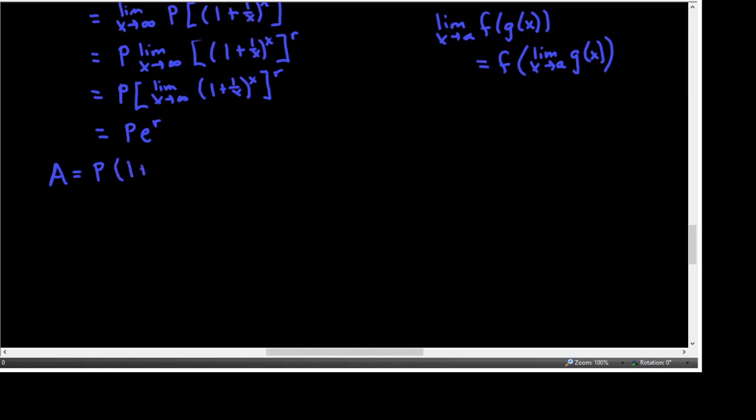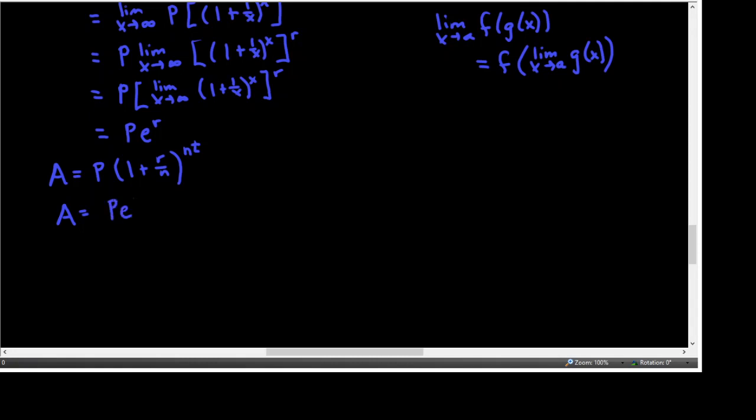This looks just like what we had before, but the exponent is n times t. Of course, if it's 1 year, t would be 1, and that would just be n, which is the formula we used before.